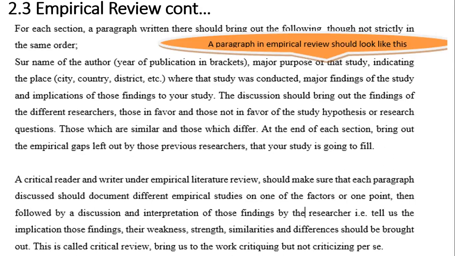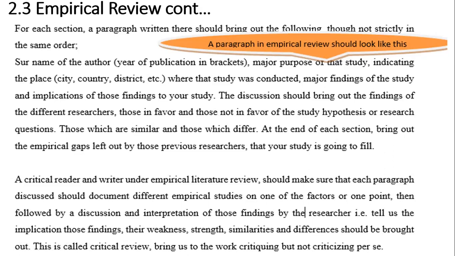In other words, those findings which are similar and those which are different, those findings in favor of your study hypothesis and those which are not in favor of your study hypothesis.